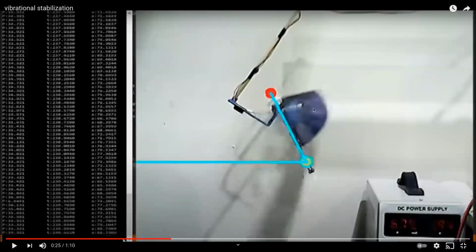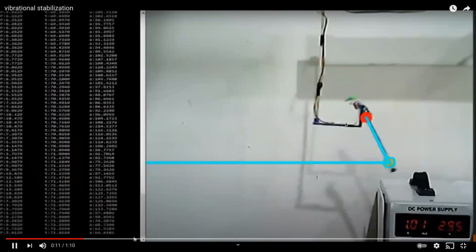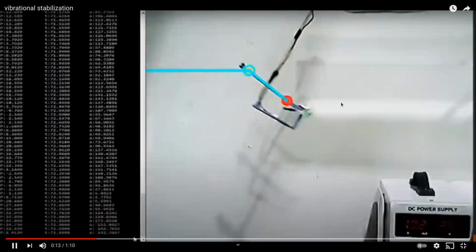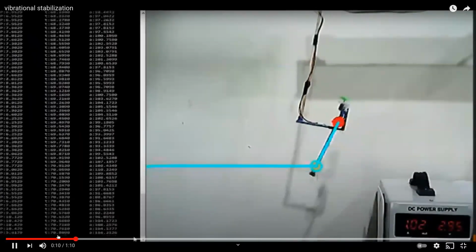So this is a model of a hummingbird or an insect that flaps its wings. So without the wings, well, I think we can go back. Without the wings, the motion, the pitching motion of the system is unstable.